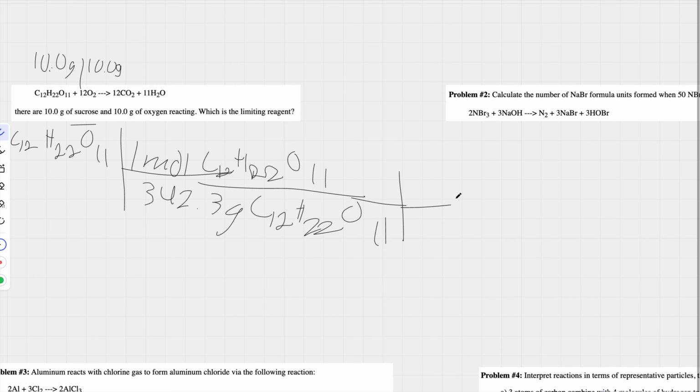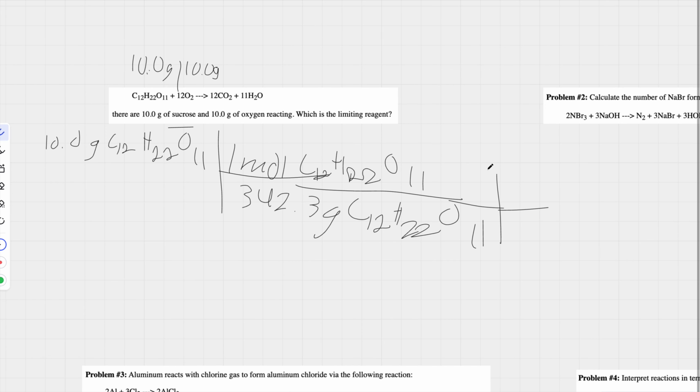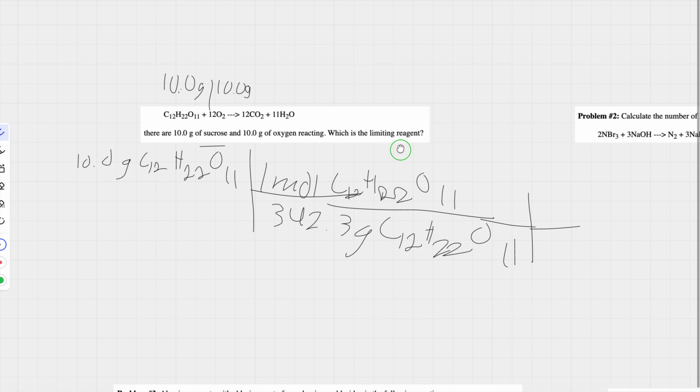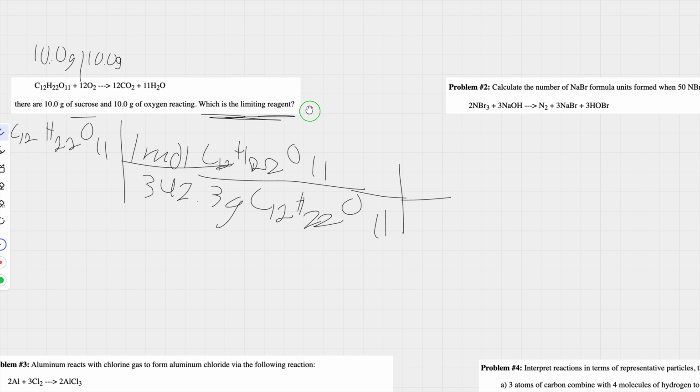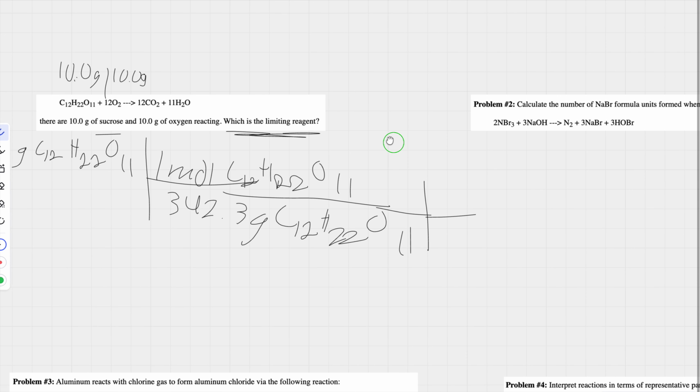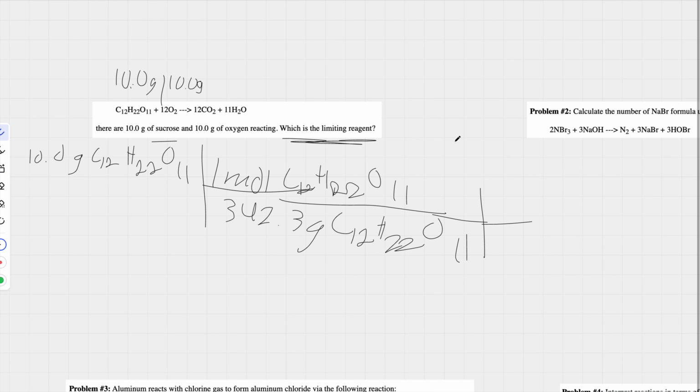Now we use the mole ratio. In this case, we don't have to find anything else, we're just finding the limiting reactant. Sometimes they'll ask you to first find the limiting reactant and then find the actual mass of the given substance that is created after determining the limiting reactant.